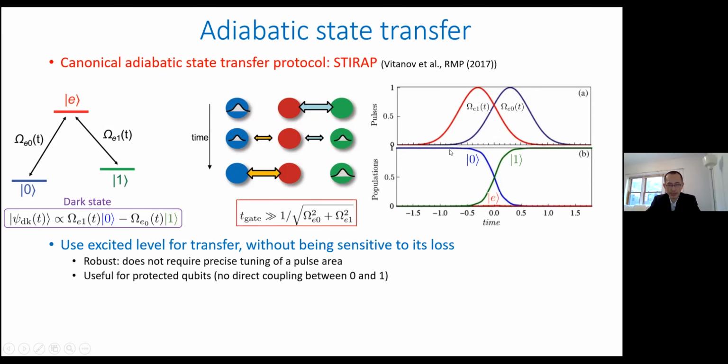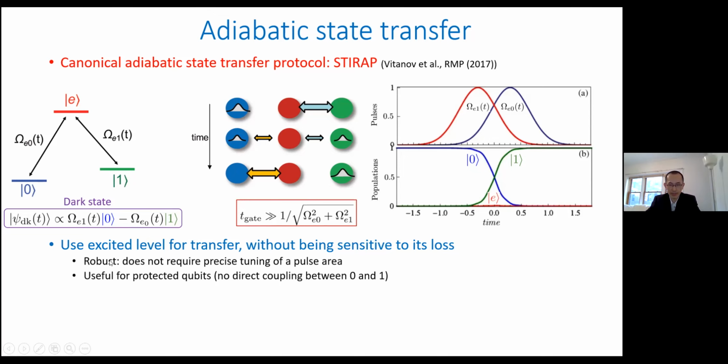So at the end, the population which is at 0 is transferred to 1. And note that during the whole protocol, the state E is never populated, which means that the STIRAP protocol here is robust or insensitive to the loss or dissipation of the E level, the excited level.